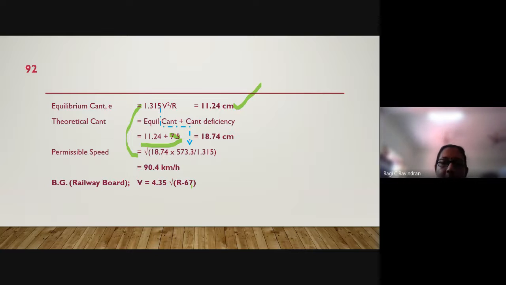So I am going with this equation: V is equal to 4.35 square root of R minus 67, and you can even go for the second equation, doesn't matter. Substitute the value of R and you will get 98. So what does it mean? The safe speed is 98 kilometers per hour and the permissible speed is only 90.4 kilometers per hour.